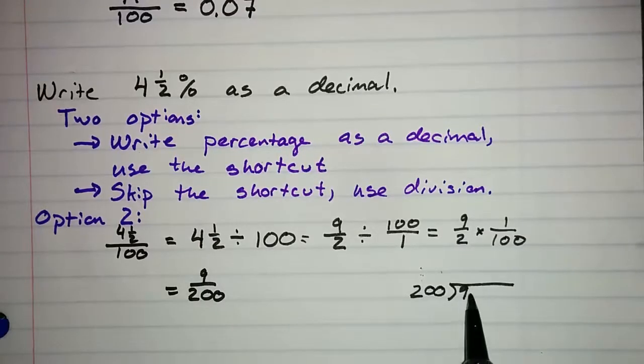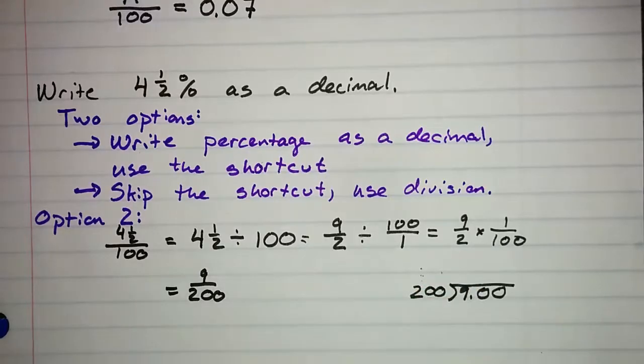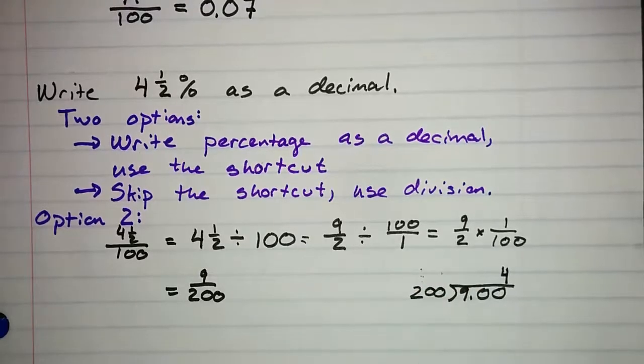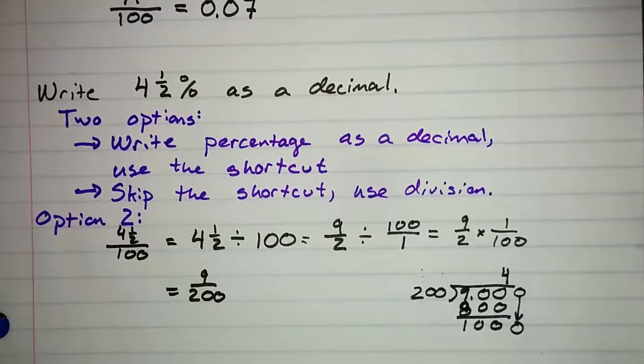200 doesn't go into 9. It doesn't go into 90. It does go into 900, right? 2 goes into 9 4 times. So 200 goes into 900 4 times. One more 0. 200 goes into 1,000 5 times.